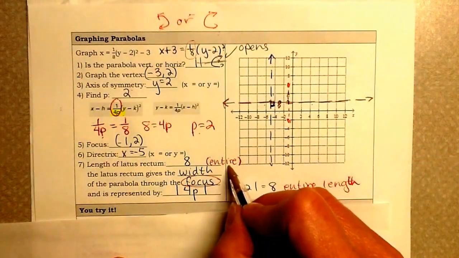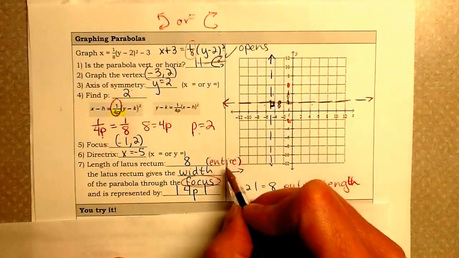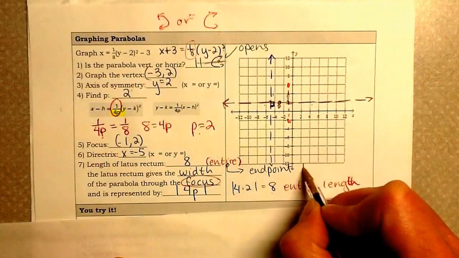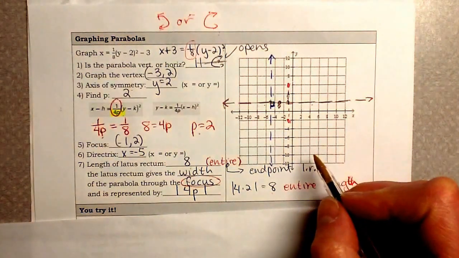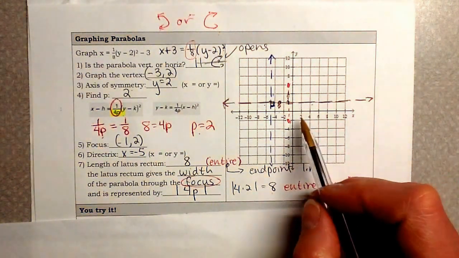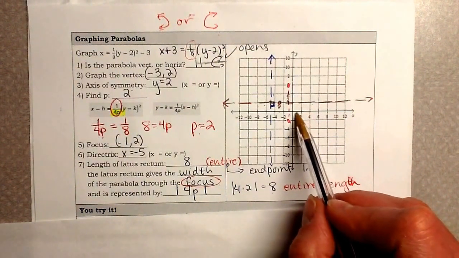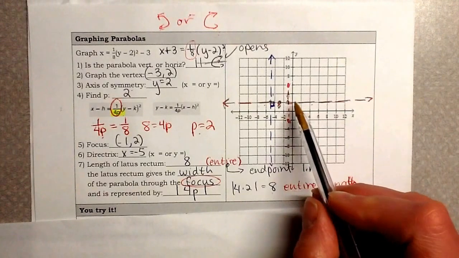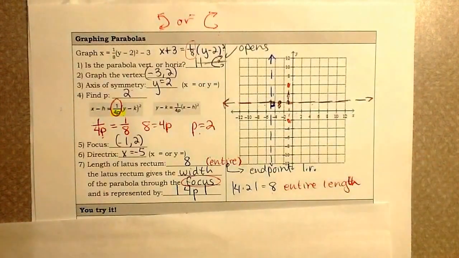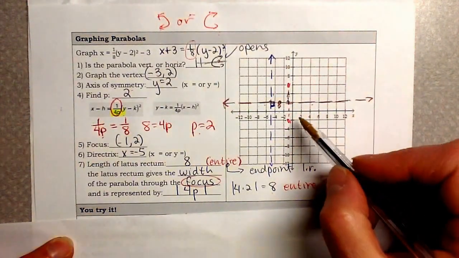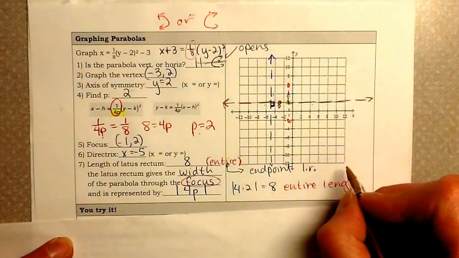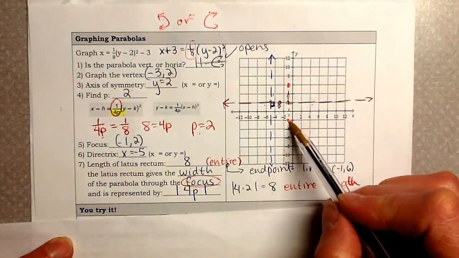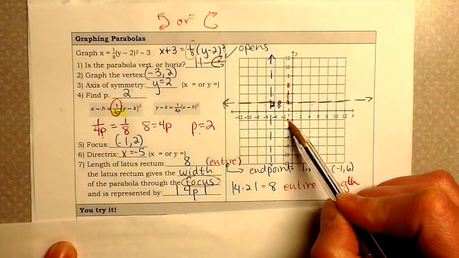So for the endpoints, I'm just going to put LR for latus rectum. The endpoints of the latus rectum are going to be at -1, 6 and -1, -2.